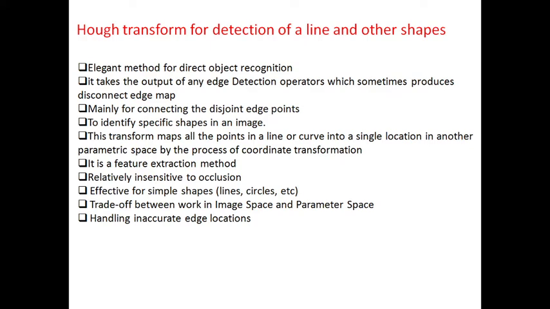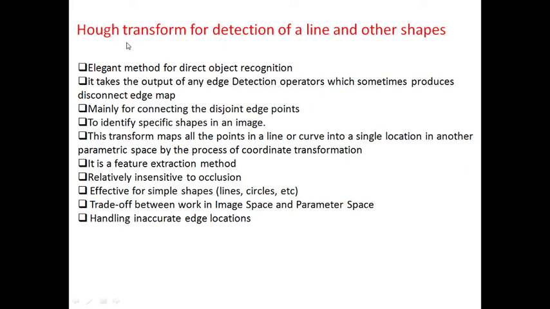It is one of the elegant methods for direct object recognition, as the object may be a line, or an irregular shape like a circle or ellipse, or whatever it may be.